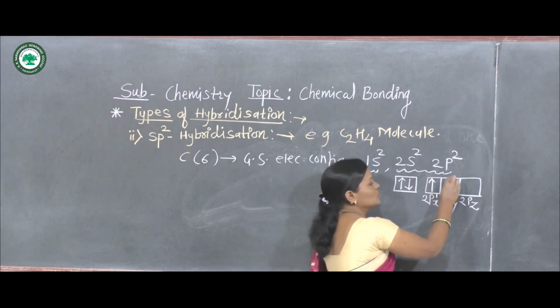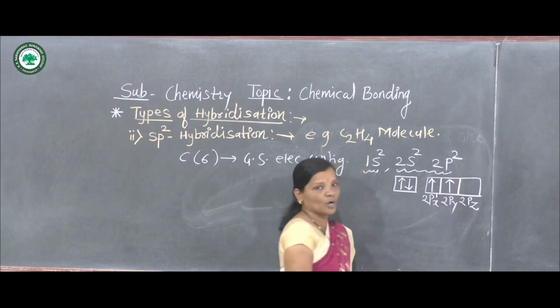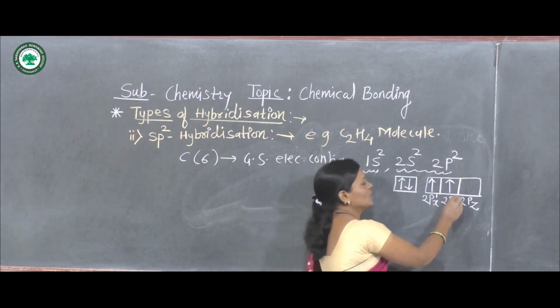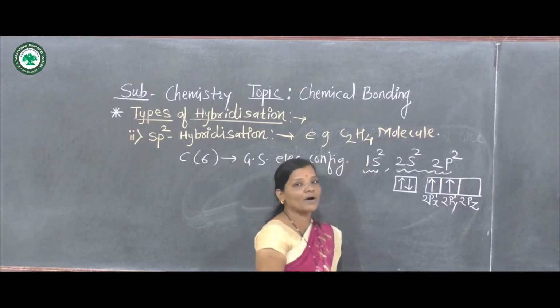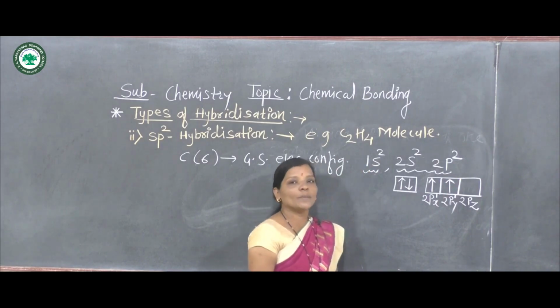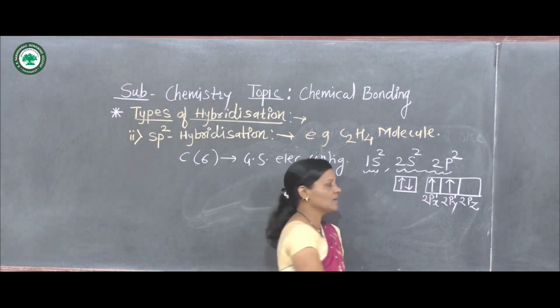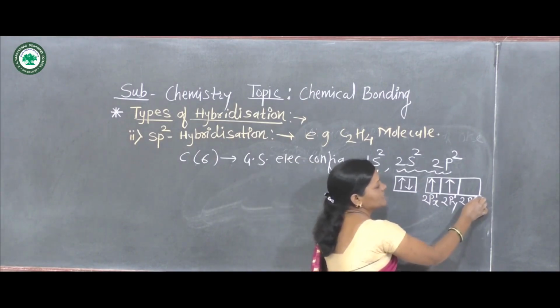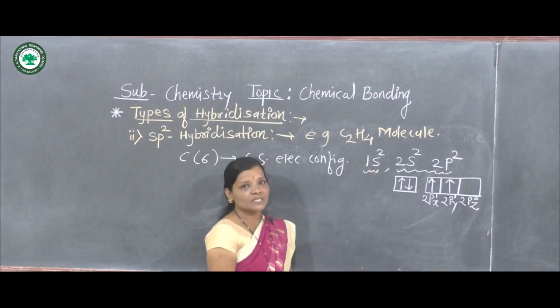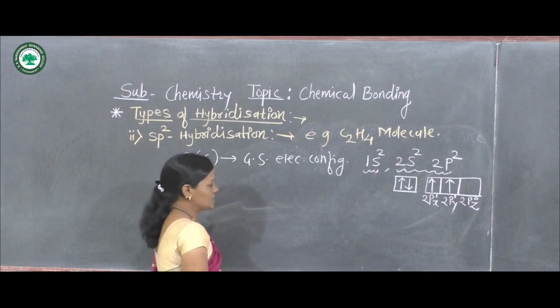Second electron goes in 2py orbital and hence the configuration becomes 2py1. 2pz orbital is empty, there is no electron present, so the configuration is written as 2pz0.